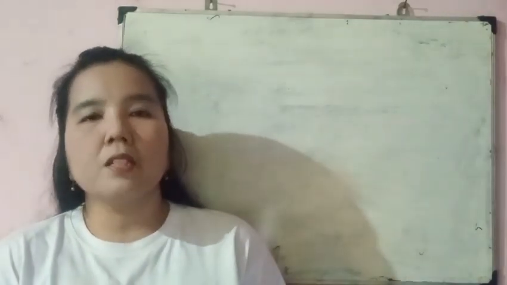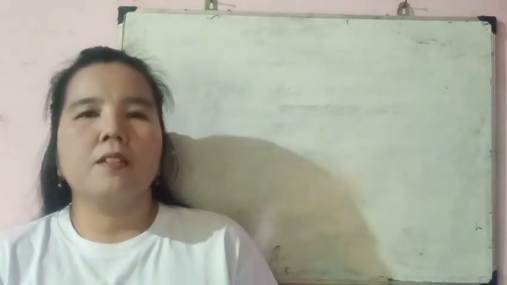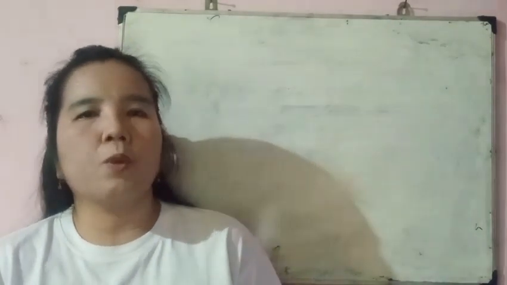And now I'm going to explain a very important topic in English grammar, the present continuous tense, also known as the present progressive tense. In this presentation, we will answer 4 key questions. What is the present continuous tense? How do we use it in daily conversation? What is the correct pattern of sentence structure?